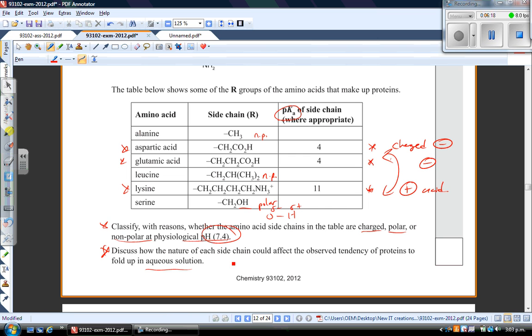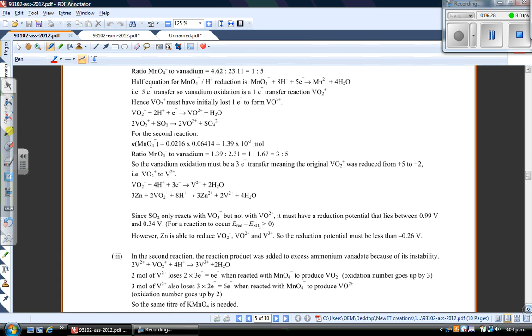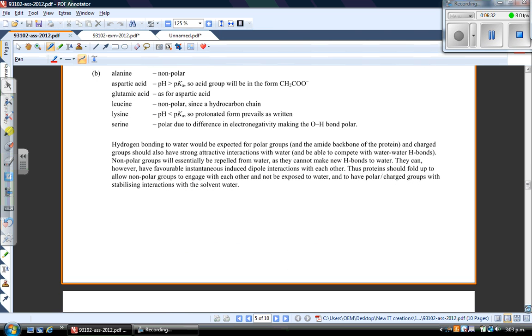So what I'm going to do here is I'm just going to piggyback on the answer from NZQA and make some notes to it. So let's get down to this part of the question. So you can see there part B, alanine was nonpolar. Aspartic acid will be in the negative or base species because the pH of 7.4 was greater than the pKa of 4.